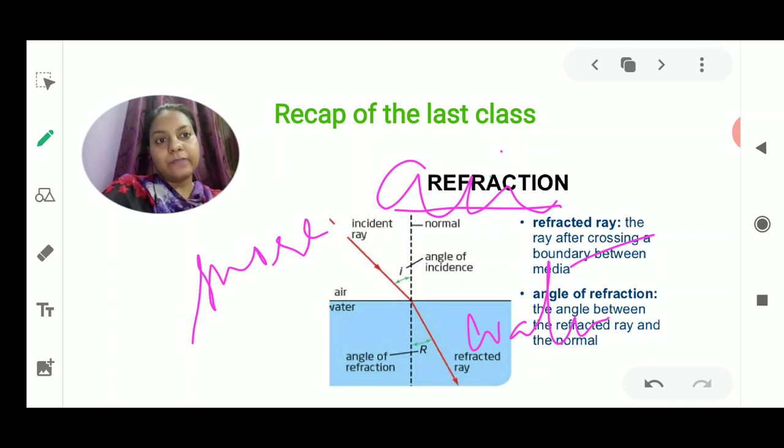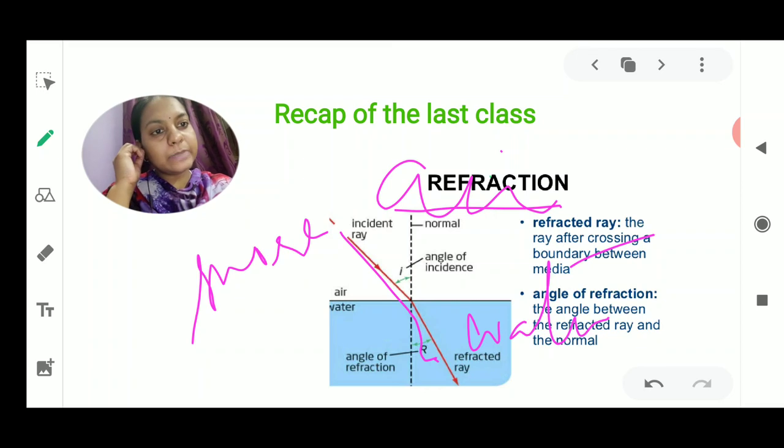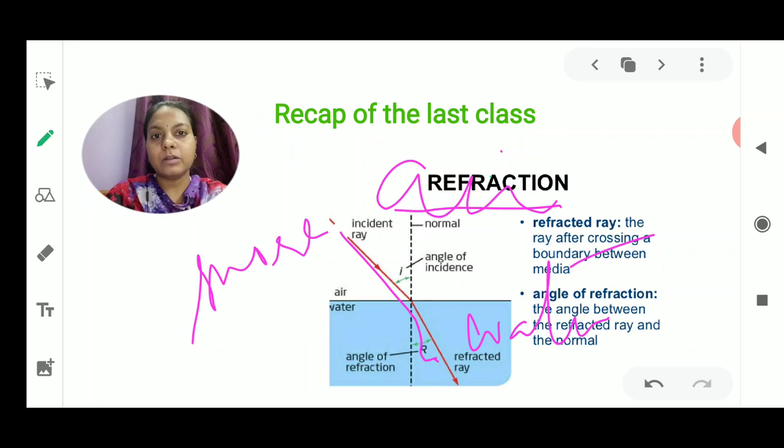The light is traveling from one medium to another, so it is obvious that it is going to bend. The ray of light bends just because of passing from one medium to another, and that is the property of refraction. Refraction is the bending of light when it moves from one medium to another medium.